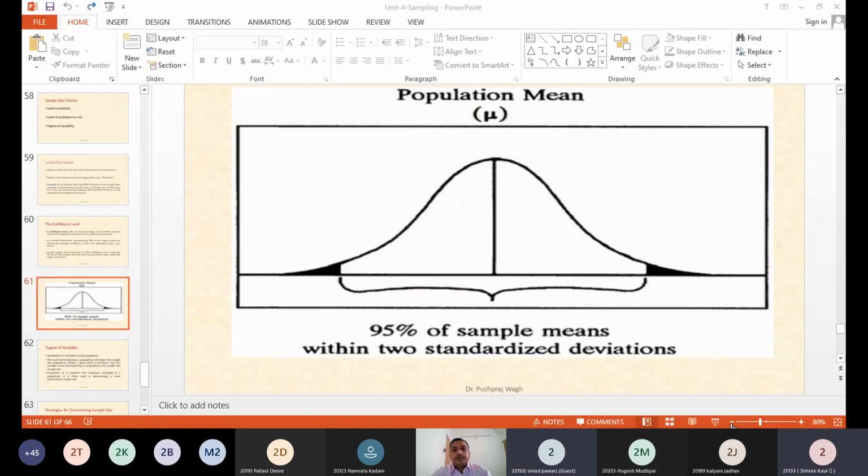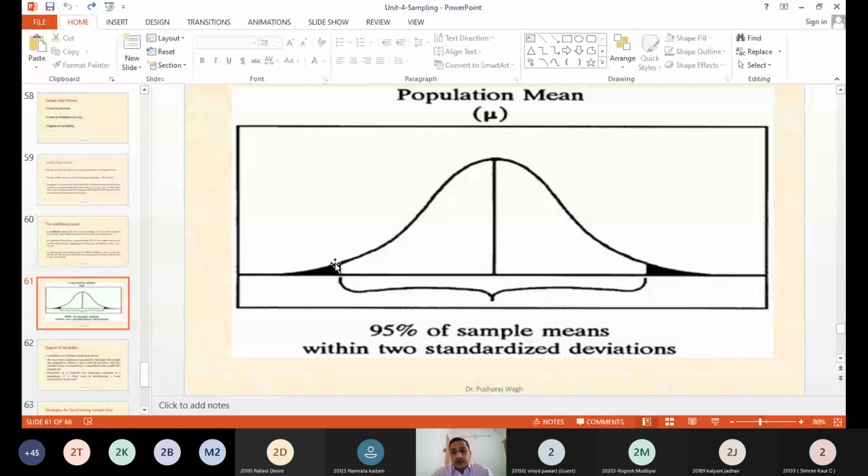Okay. So in this diagram, you will see a normal distribution curve for the population mean. The population mean is signified by the symbol mu.